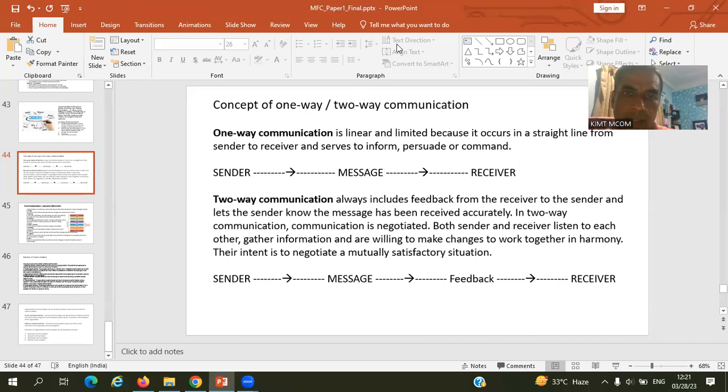If he is getting the message, then communication is complete. In the second case, sender is sending the message and the receiver is getting the message and sending the feedback. There is a feedback following the message to the sender.